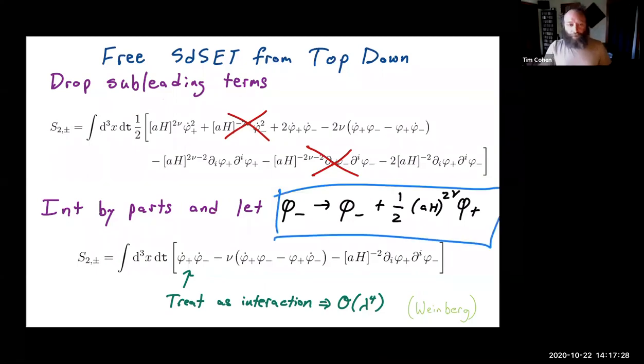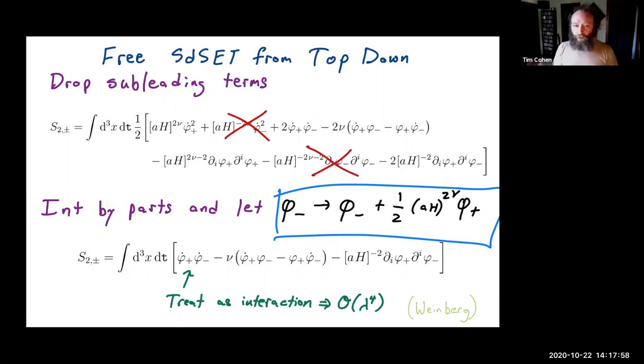One of the nice things about this effective theory is that because we're only interested in correlators of phi plus, we're allowed to do whatever we want with phi minus that makes life easy. And so we will often be able to find field redefinitions using phi minus that get rid of leading behavior in terms of phi plus, again, as is kind of standard in effective theory, and just makes life easier, pushes things off to higher orders.